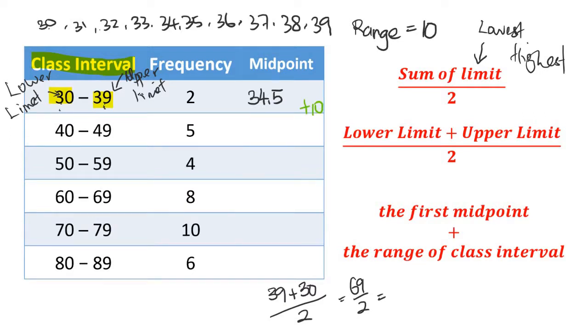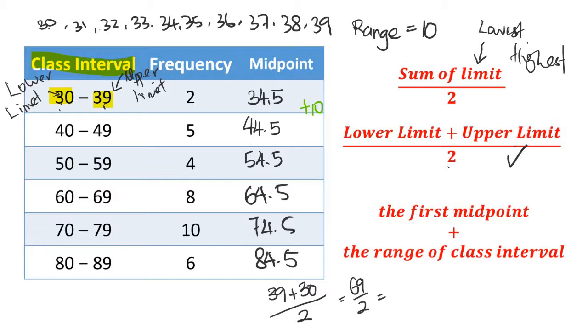The next values will be 44.5, then 54.5, then another 10 is 64.5, another 10 is 74.5, and another 10 is 84.5. If you don't believe it, you can calculate using the formula, lower limit plus upper limit divided by 2. I'm sure you will get exactly the same values.